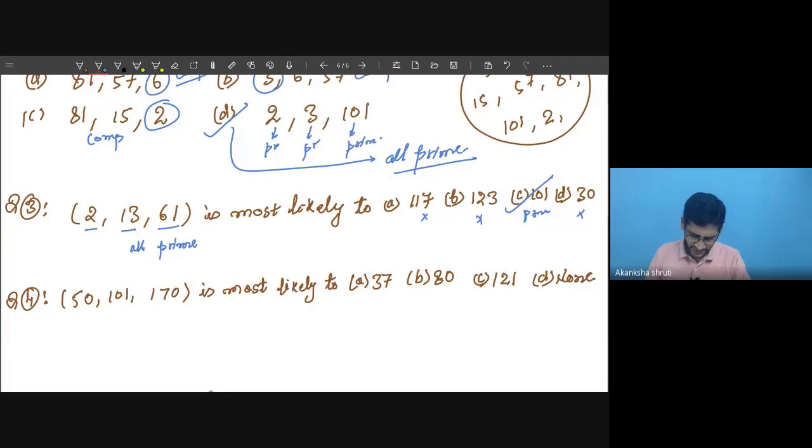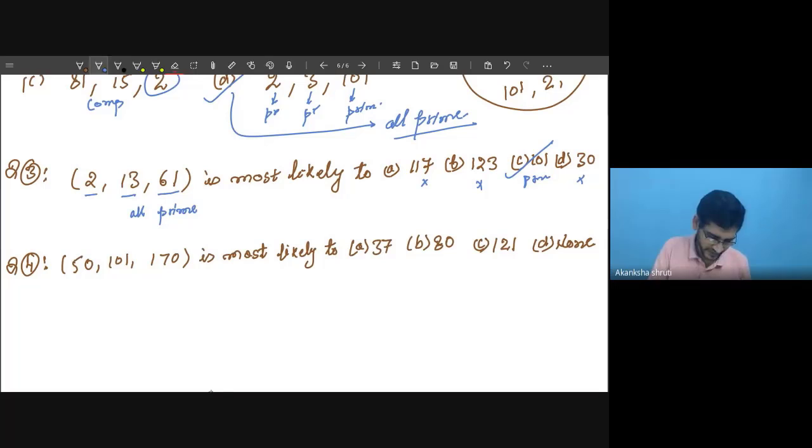It may be that the numbers follow a certain relation, or are of a special category. It is quite obvious that 50 is 7 square plus 1. 101 is near 100, so it is 10 square plus 1. 170 is near 169, so it is 13 square plus 1.